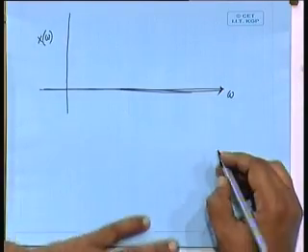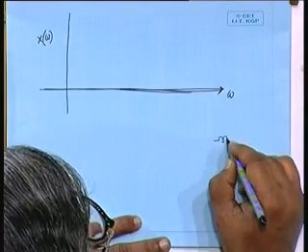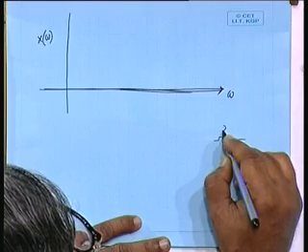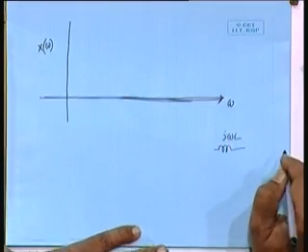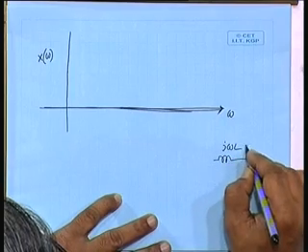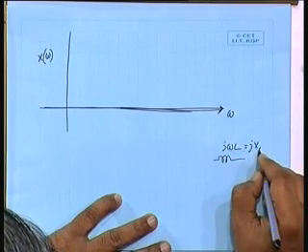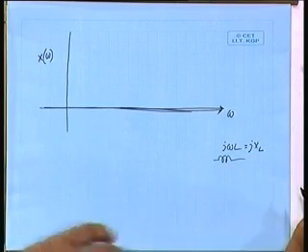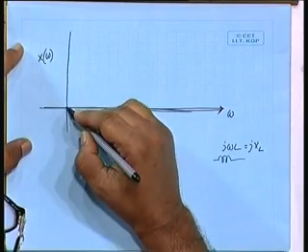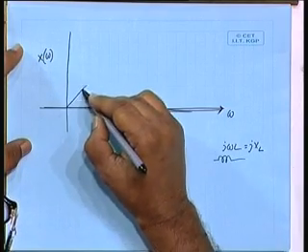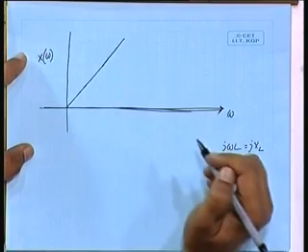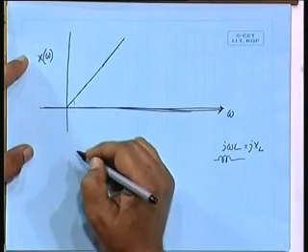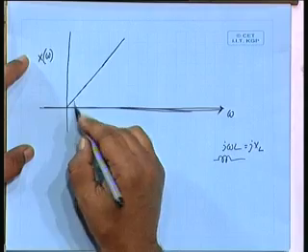Suppose we have just an inductance, what will be its X? j omega L. So if I write this as j X_L, then X_L will be varying linearly with frequency. Is that all right? With a slope of L.